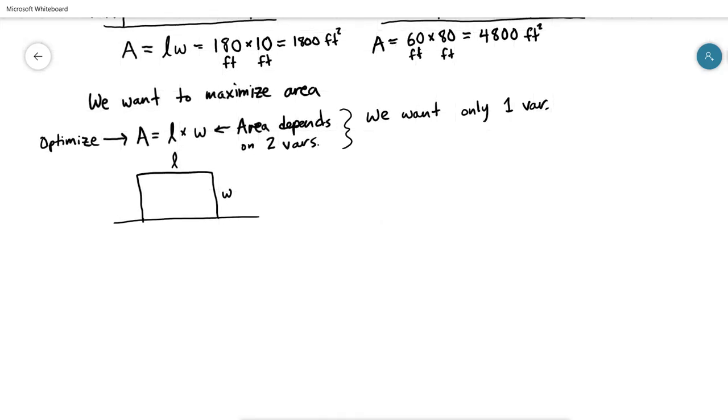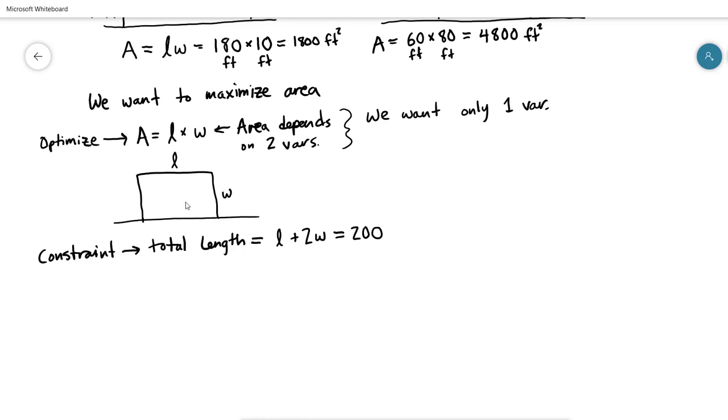So our constraint is going to give us the equation that we need to write this in terms of one variable. Our constraint is that the total length, looking at the way that we've got this set up, is going to be the length here, this dimension along the top, plus 2 of what we're calling W. So this is sort of our perimeter, and that needs to be 200.